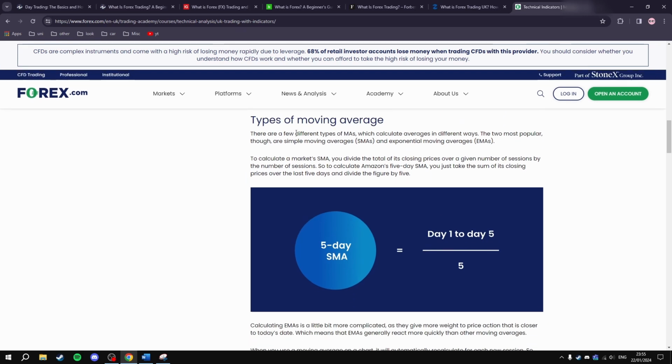Types of moving average. There are a few different types of moving averages which calculate averages in different ways. The two most popular though are the simple moving average and the exponential moving average.